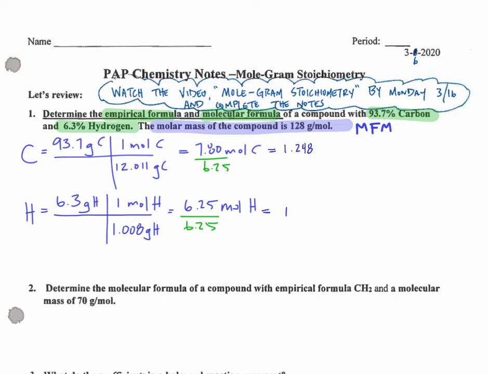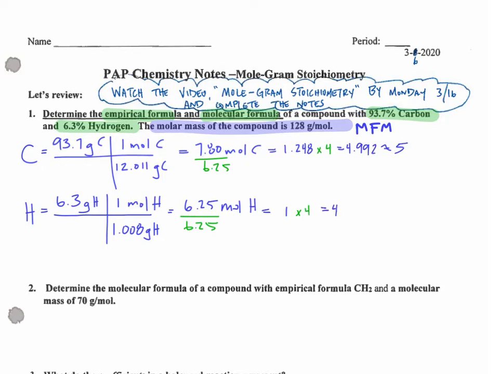If I multiply 1.248 by 4, then I get 4.992, which is very close to 5. So if I multiply that by 4, then I've got to multiply the other by 4 as well. And 1 times 4 is 4.